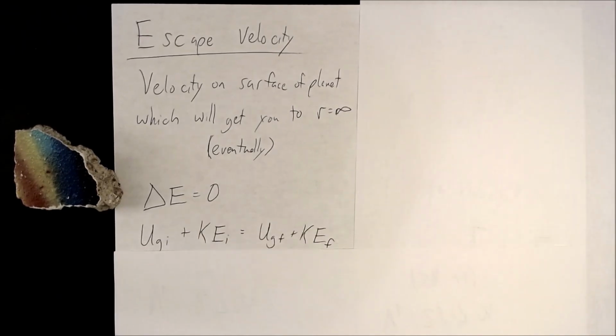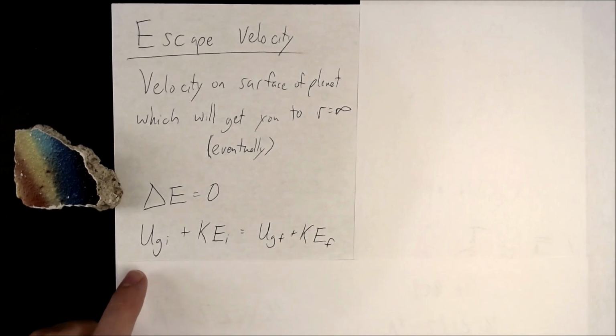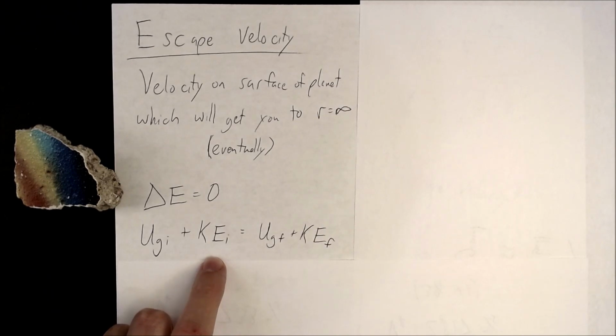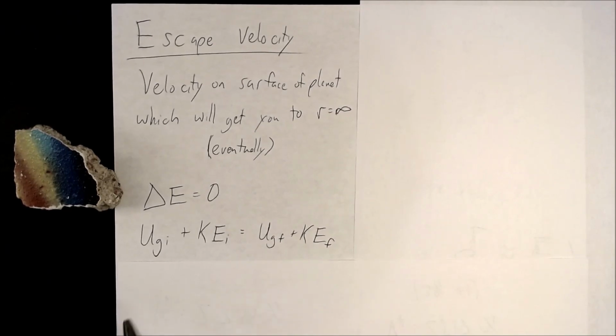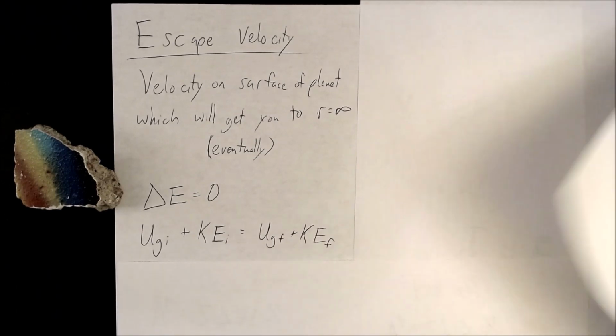Well, we've got gravitational potential energy initially plus kinetic energy initially is equal to gravitational potential final plus kinetic energy final. Are any of these equal to 0? Well, when we are on the surface of the Earth, is this equal to 0? Using our new equation, I'll bring that back.